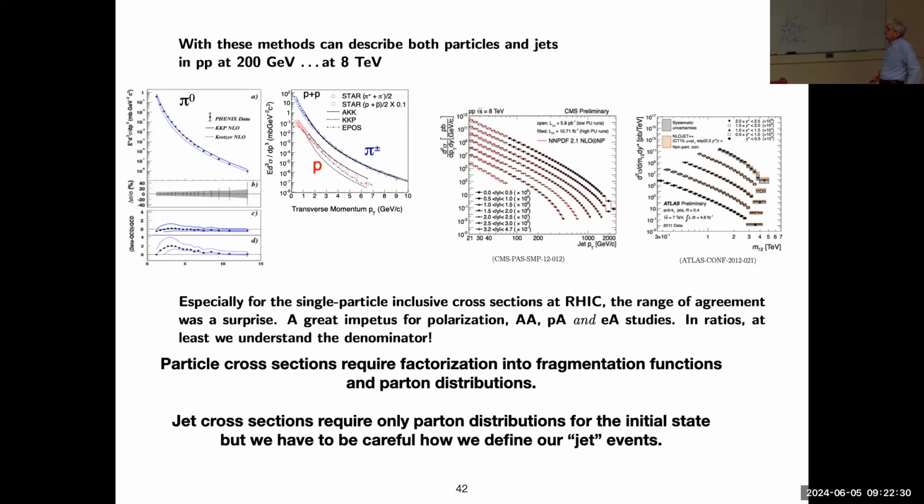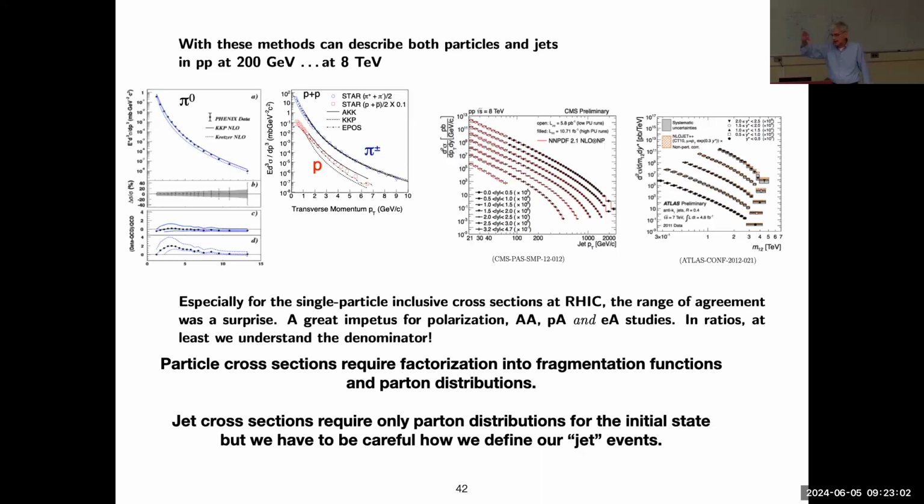With these methods, we can describe both particles and jets. This is an older slide because it says 200 GeV and 8 TeV. These are just data of various kinds. What we're introducing here very quickly is that in the final state, this is good for the inclusive cross-section, but now I'd like to know the single particle inclusive.